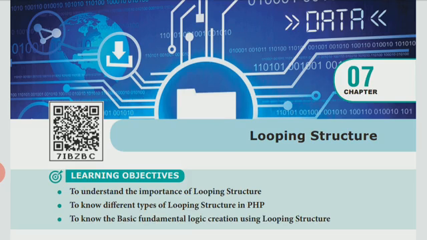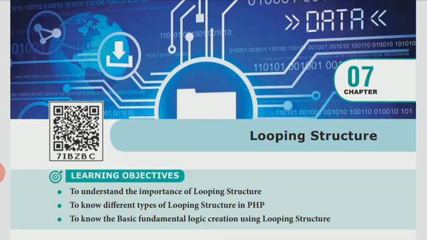In that circle, where we start, after that round we will come back to the starting point itself. Once we start, again we come to the starting point, like a circle, and that is called a loop. So the same process we want to do many times is called a loop.